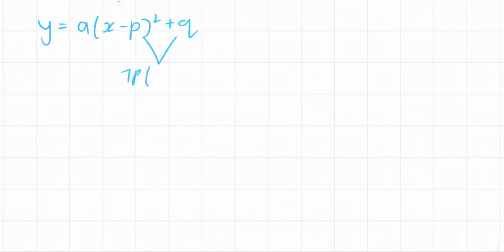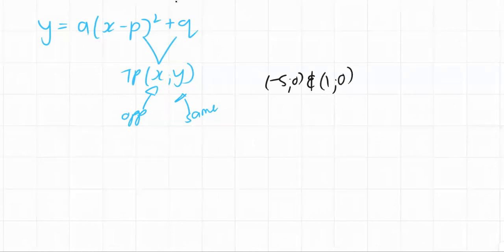So it's our turning point x, y, where x is the opposite sign, and y is the same sign. Okay, so we had our minus 5, 0 as one of our points, and 1, 0 as another one of our points. And then we had the turning point, which was minus 2, 12.